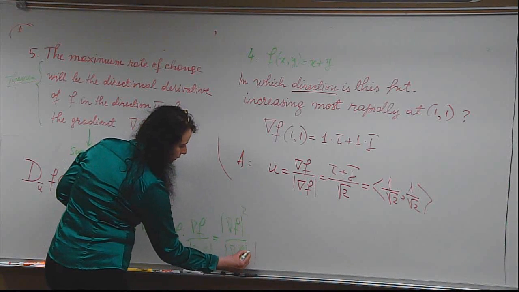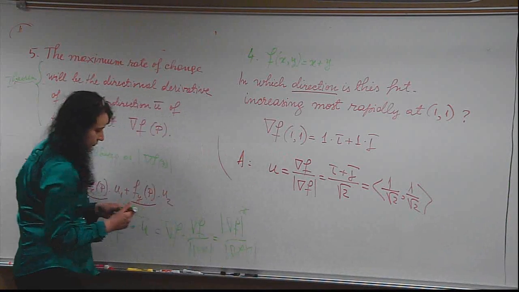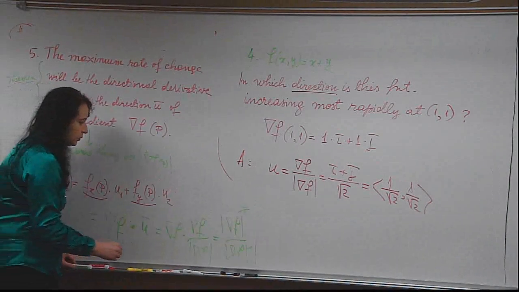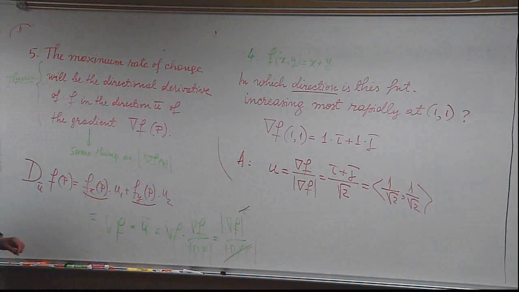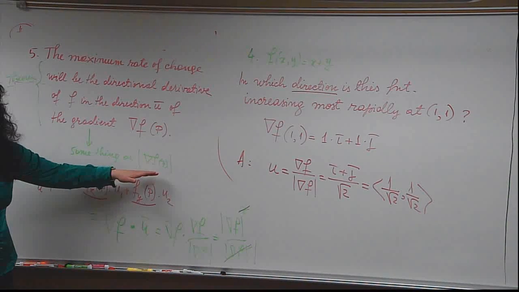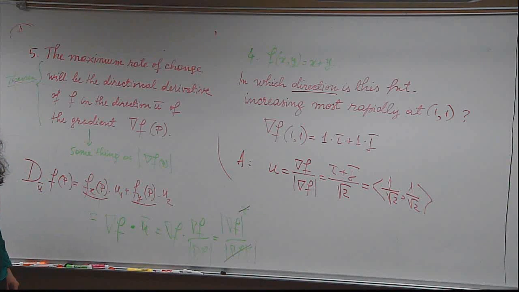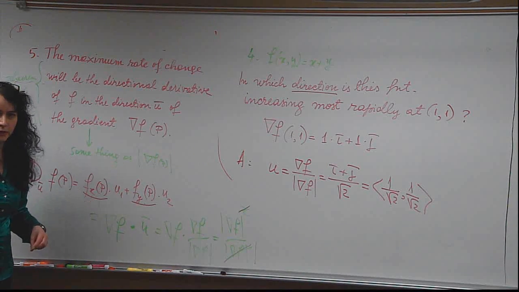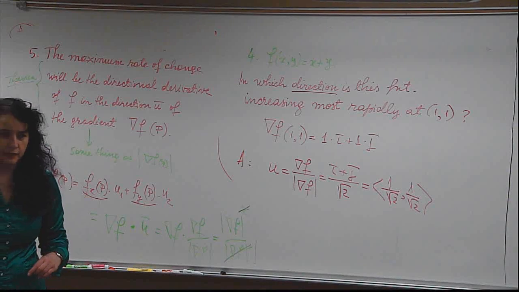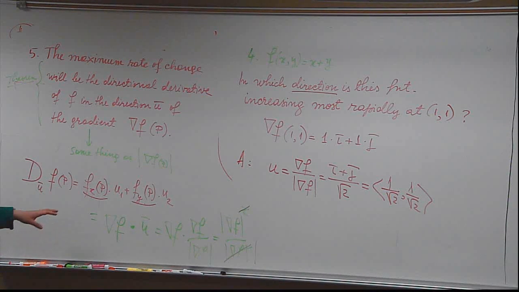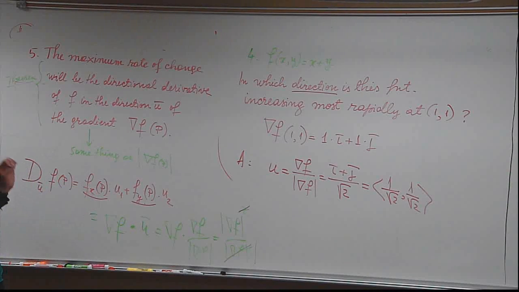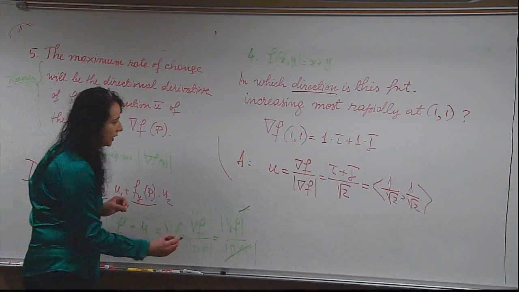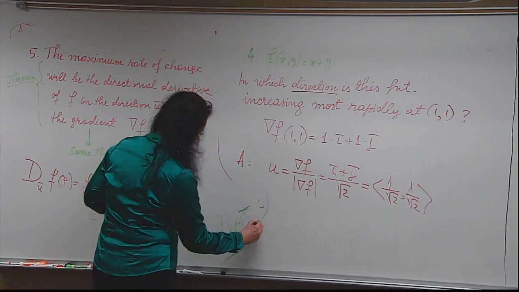So I proved again, because I'm forgetful and I'm silly, that this maximum rate of change is exactly the length of the gradient. For somebody who is better than me at memorizing things, they wouldn't have had to do that. I'm just doing review.